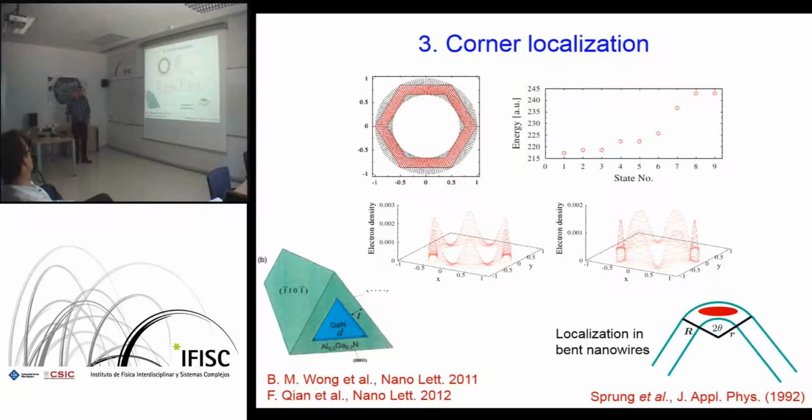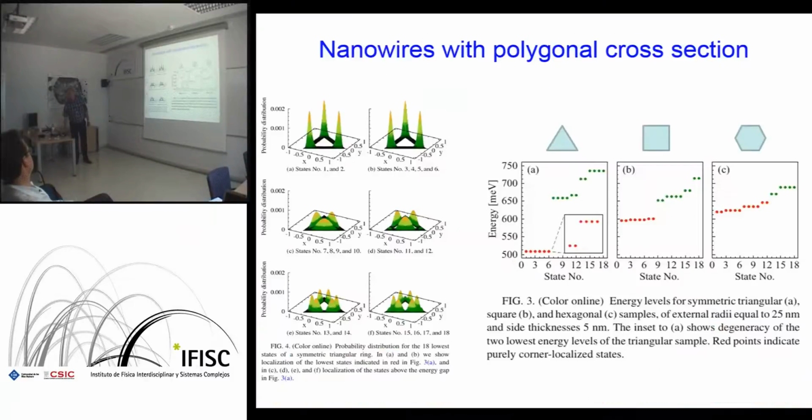Now, if we do the same calculations on other polygons, triangles and squares, the corner states are even better separated from the side states in energy.